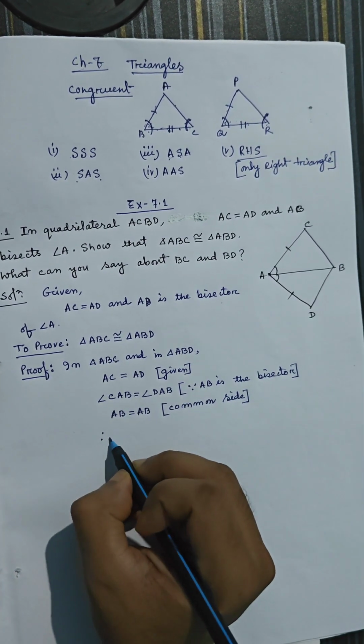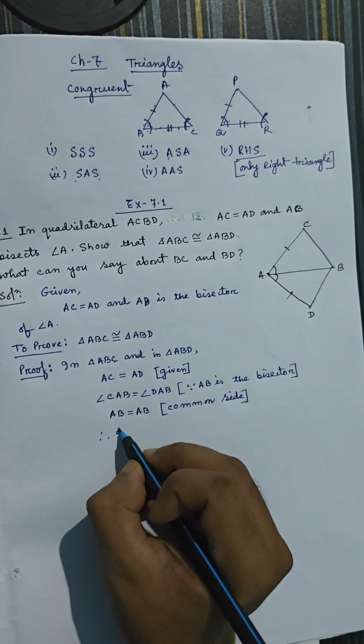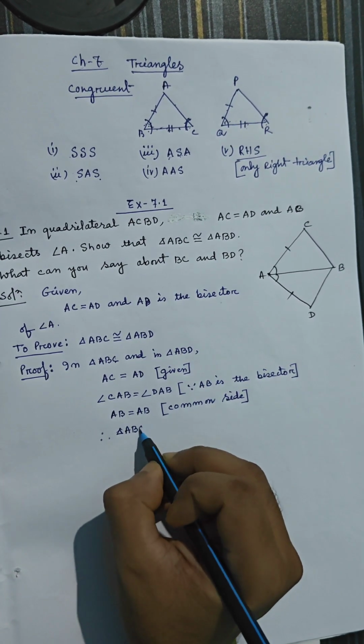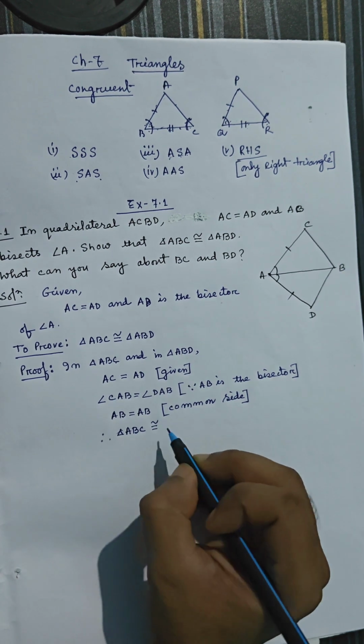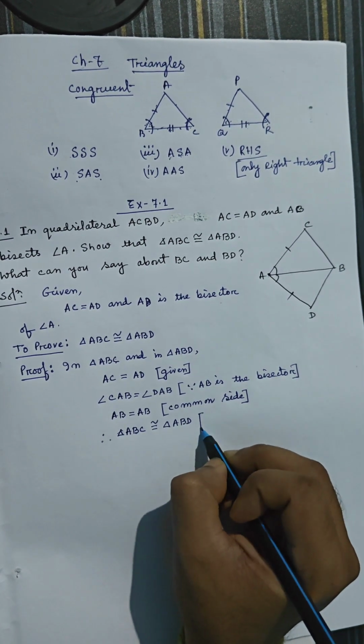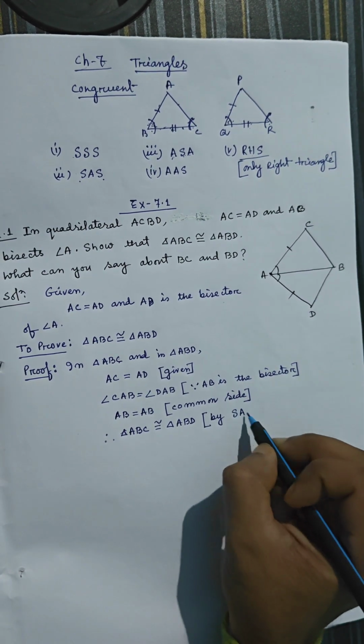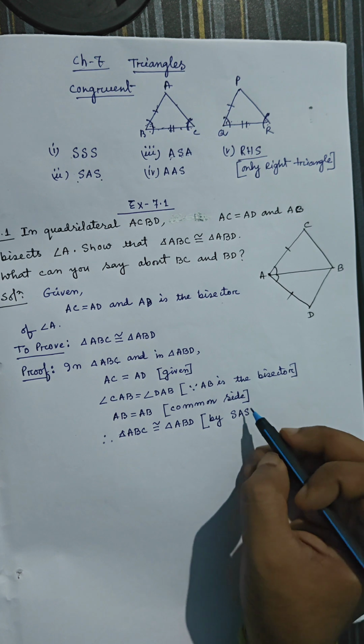So therefore we have done: triangle ABC is congruent to triangle ABD. Within bracket we'll write by SAS criterion.